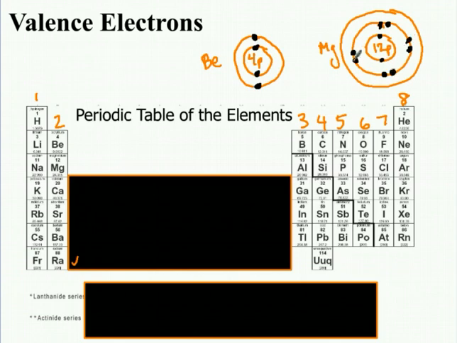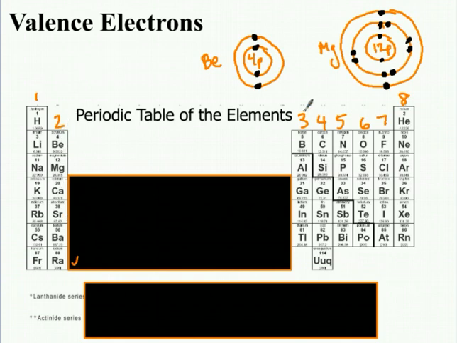I don't expect you to know this right now. 10, 11, 12. If you look at just the last ring, it's got 1, it's got 2, just like beryllium. So everything in this column ends up having 2 valence electrons.